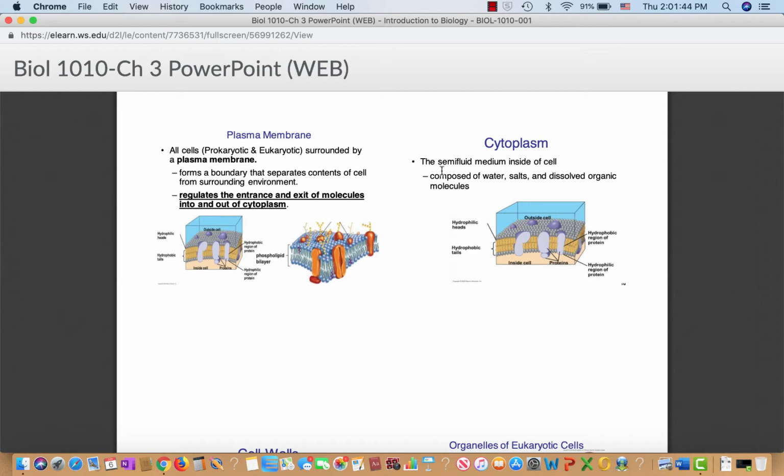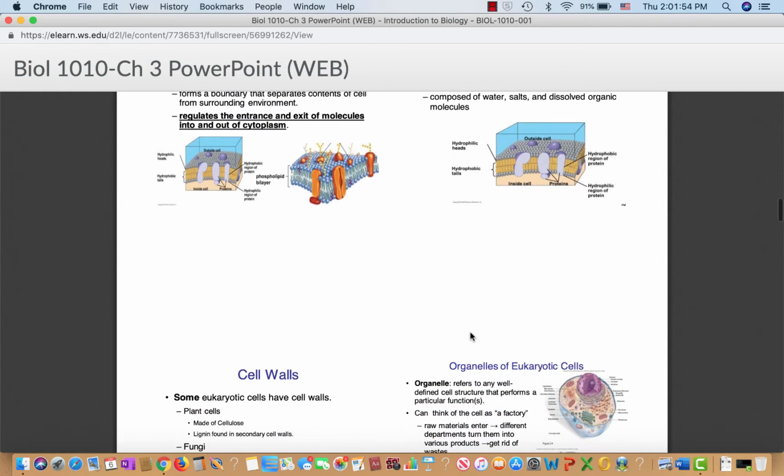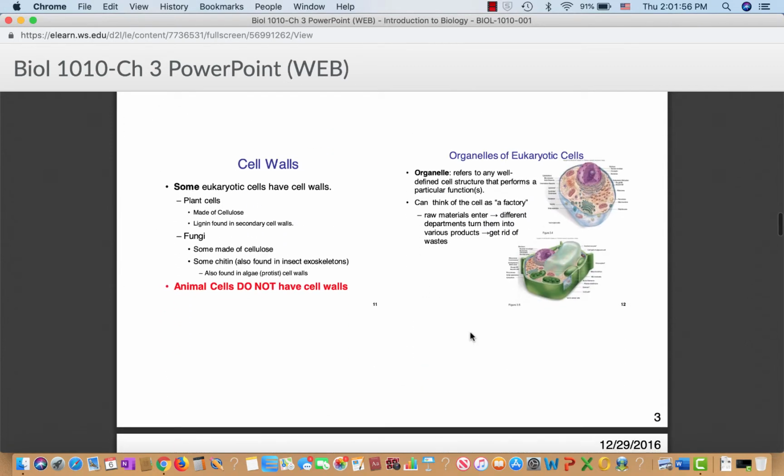So inside the membrane is the cytoplasm, which is a semi-fluid medium. You've got a lot of water, salts, and dissolved organic molecules just floating around there. It acts as a solvent for things to function in. Some eukaryotic cells have cell walls, which are typically plants and fungi, and some insects also have chitin in their exoskeletons, which is kind of a cell wall.